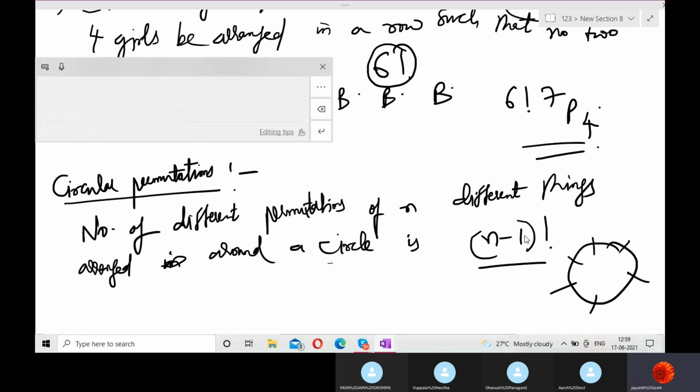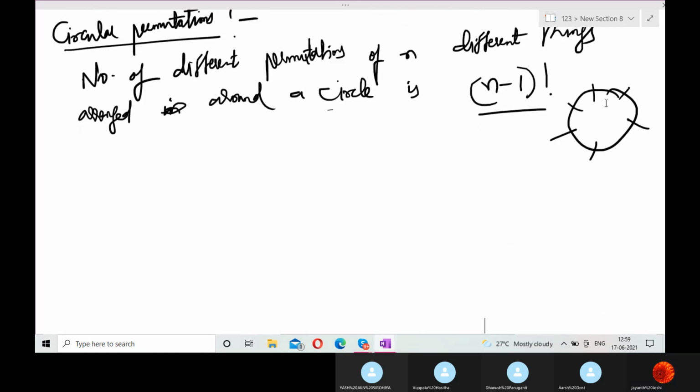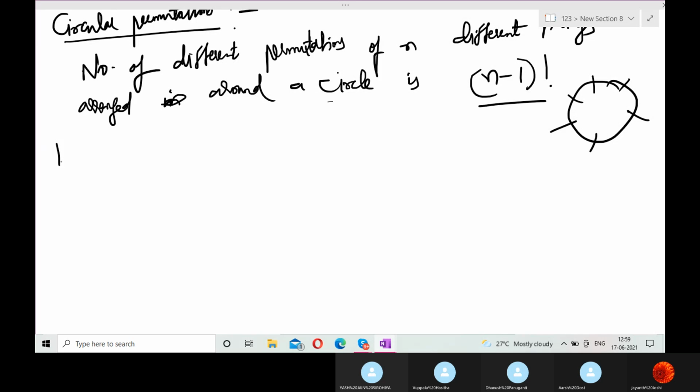Now in this, a small concept. Either you can arrange in this way clockwise or you can arrange in an anti-clockwise way.